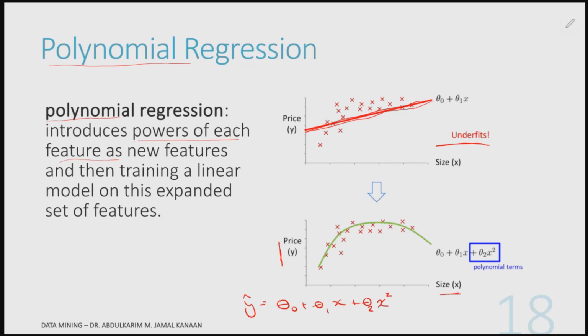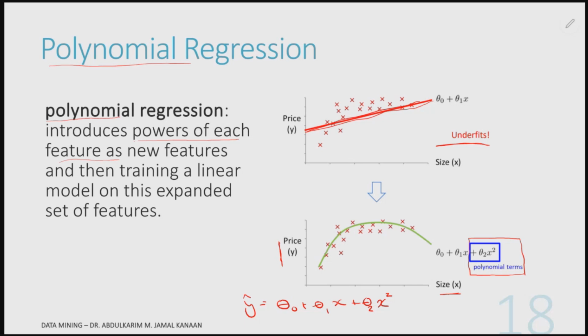Like education, for example, if we assume education and income are related in a nonlinear, polynomial way, then income equals theta 0 plus theta 1 education plus theta 2 education to the power of 2. We introduce a polynomial term.